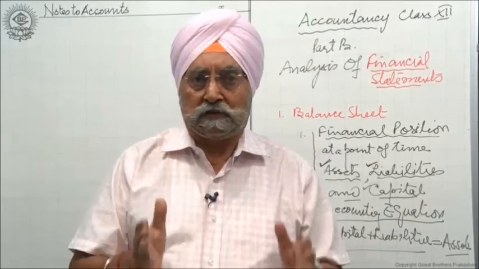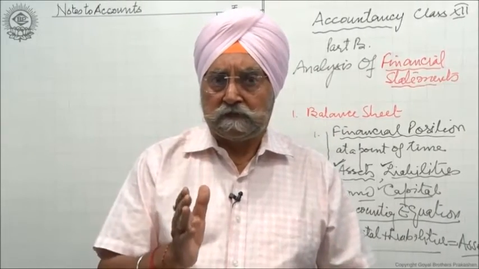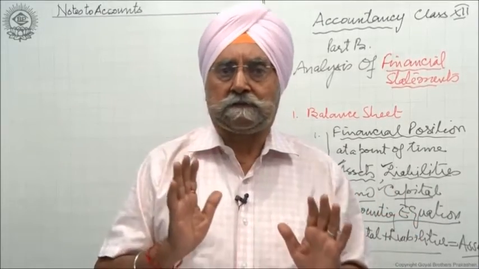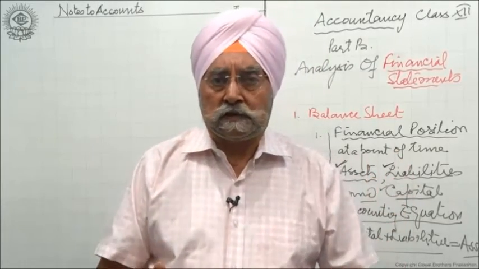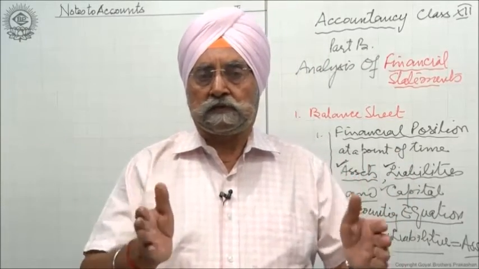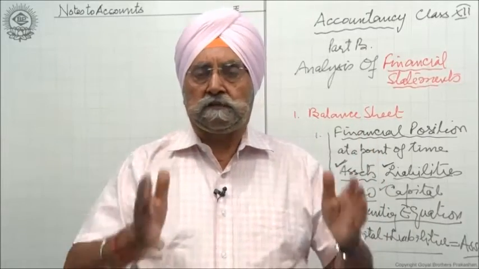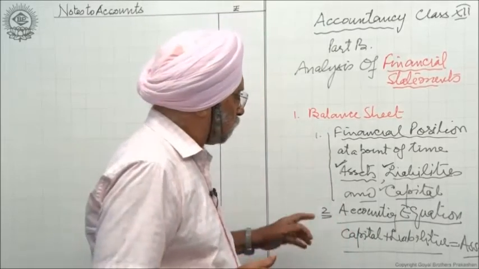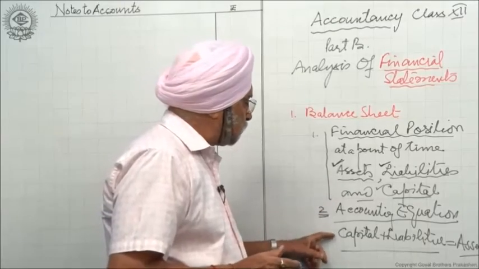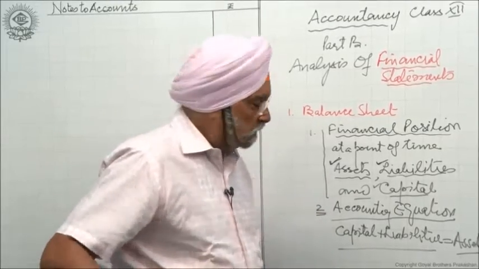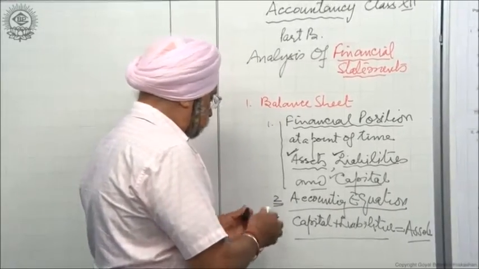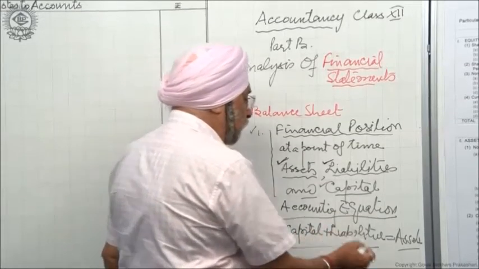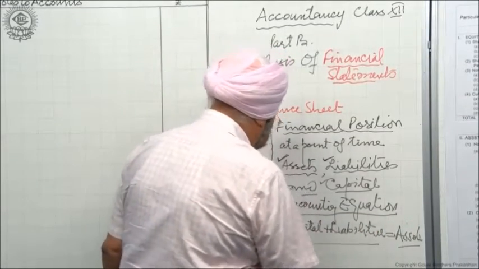The entire accounting structure is built on the basis of this equation, and we never allow this equation to be disturbed. So this balance sheet is basically an accounting equation, and it is prepared in such a way through the ledger accounts that its two sides, assets and liabilities, are equal.